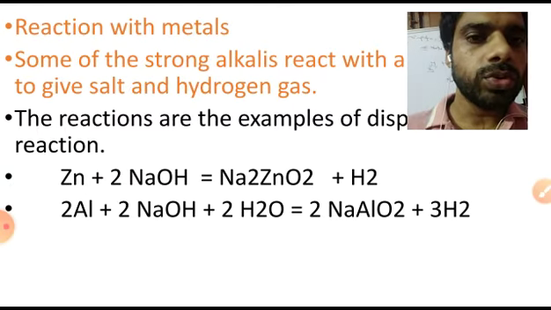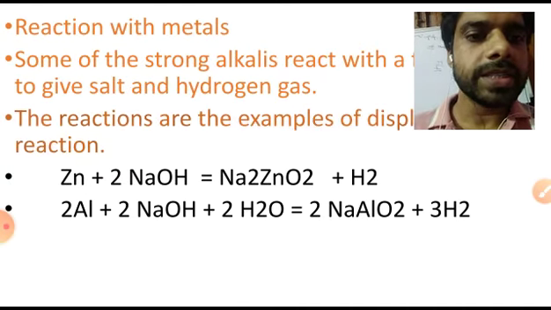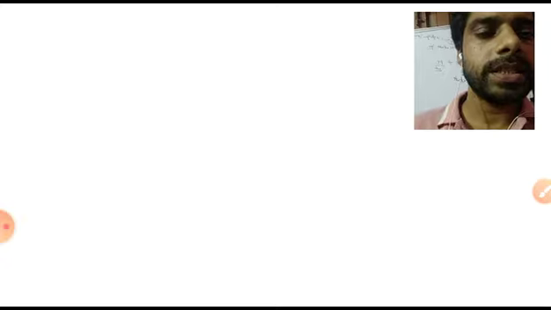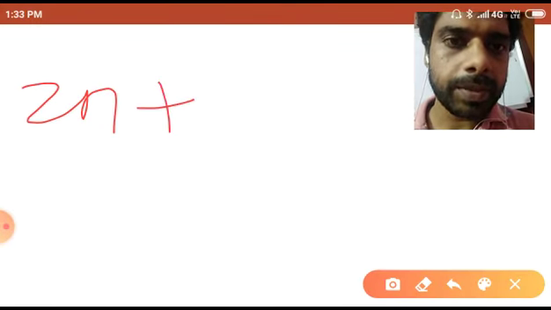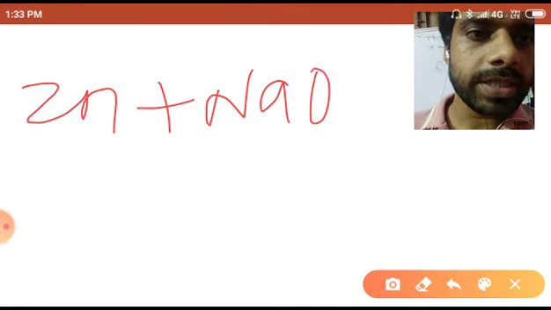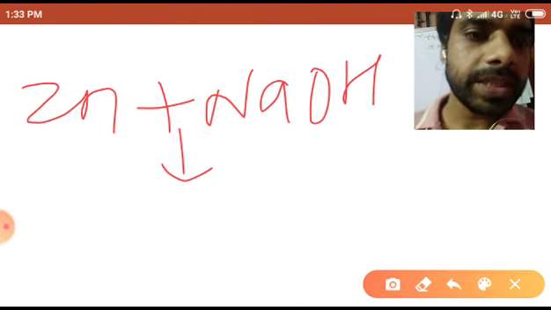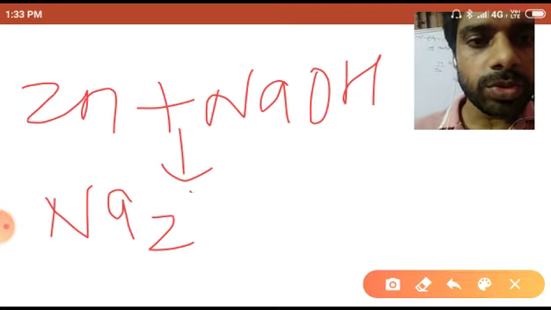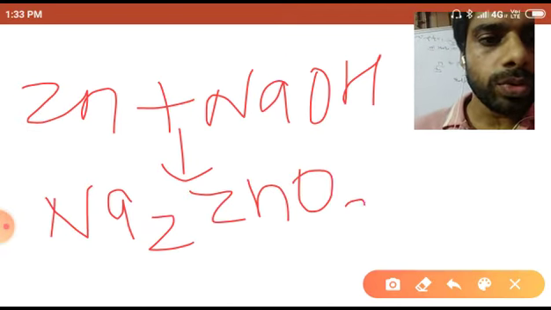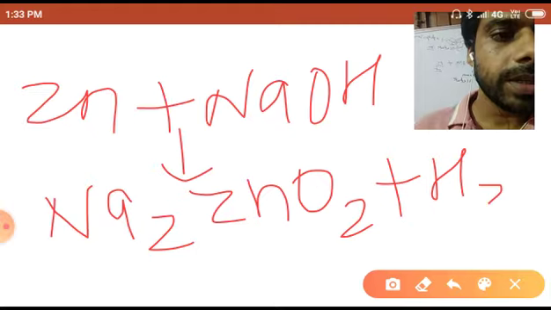This is a displacement reaction. Here I am telling you Zn plus NaOH. NaOH is a strong alkali. It forms sodium zincate, Na2ZnO2, plus hydrogen gas.